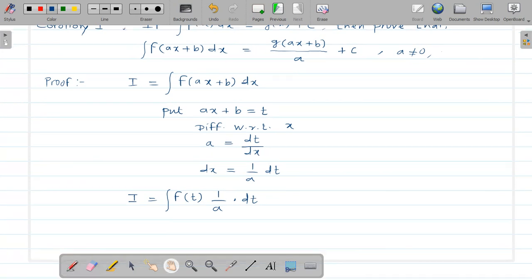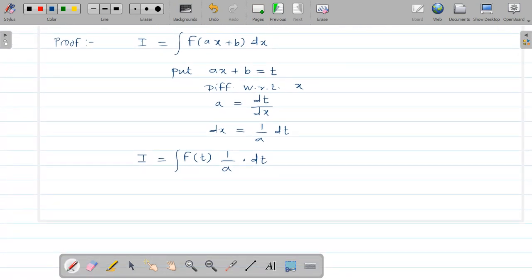Now it is very easy to solve this integration. So what will be the answer? 1 upon a as it is, into the integration of f of t dt. Now it is given that the integration of f of x with respect to x is g of x. So here there is a change of the variable.